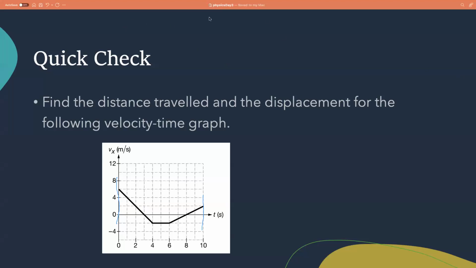Right, are we working on this problem or are people having trouble with this? I'm not really seeing a lot of answers here.